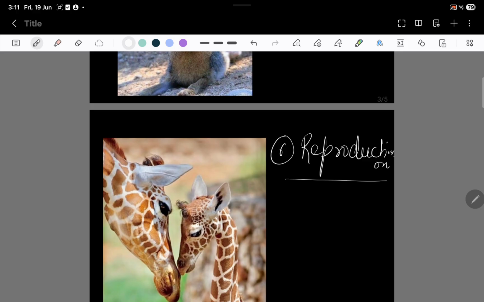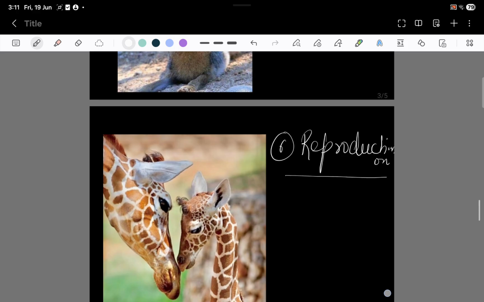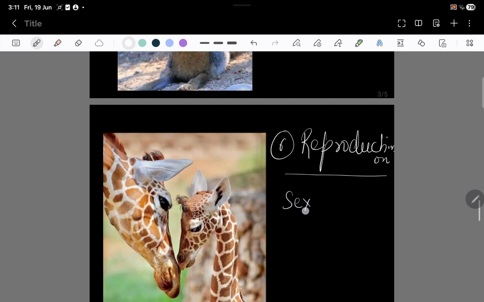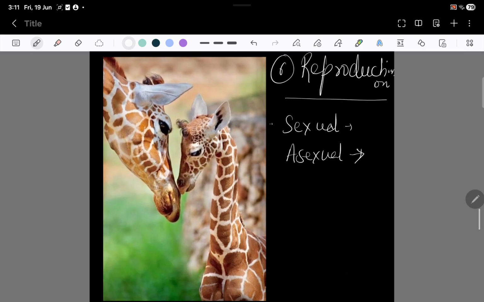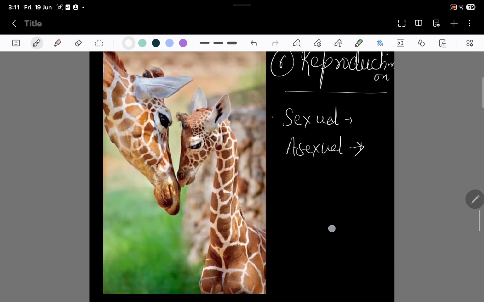So the babies look like parents, more or less. If I say reproduction is sexual, the babies will not be clones of their parents, but they will look more or less similar to their parents. And if I say reproduction is asexual, then there will definitely be photocopies or clones. Okay, different methods are there that we can study later.